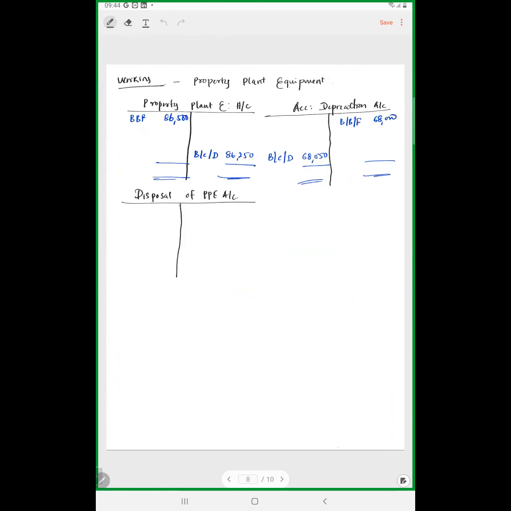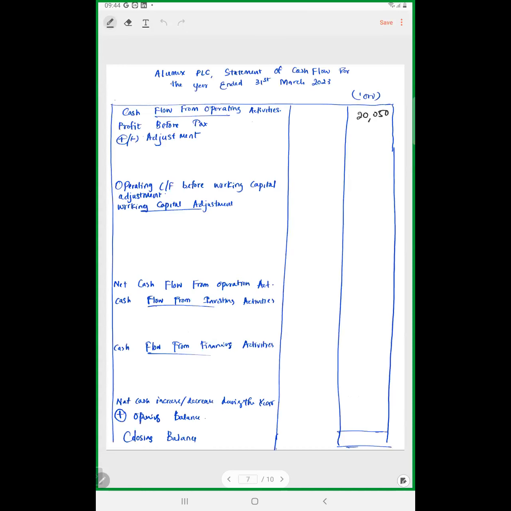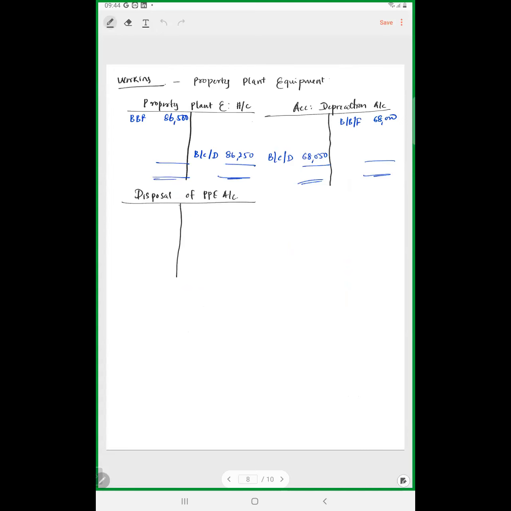So is that clear? So then property, plant and equipment adjustment. What are they saying? During the year, the company has disposed some furniture which were purchased for 250. So what's happened there? The company has disposed assets worth 250.